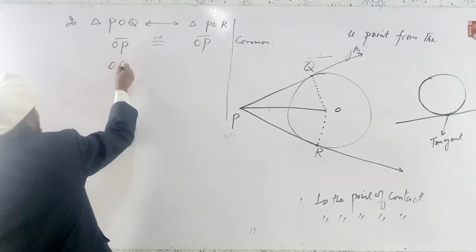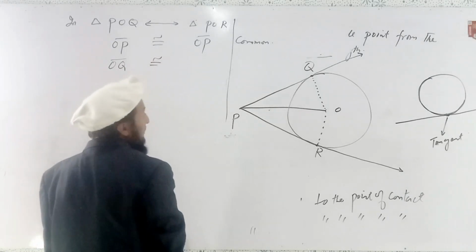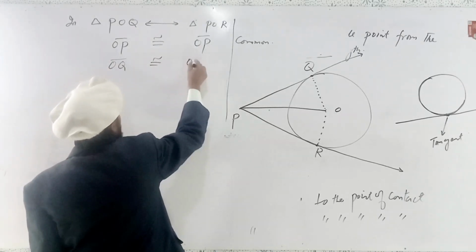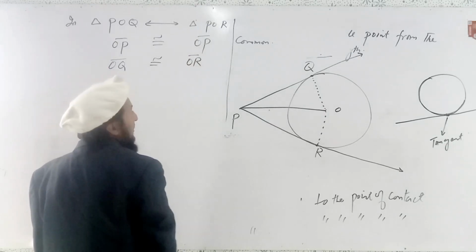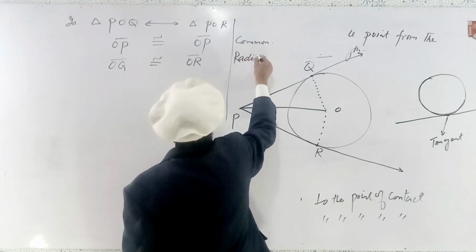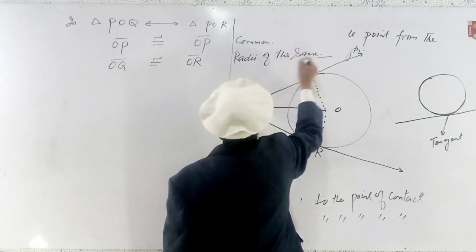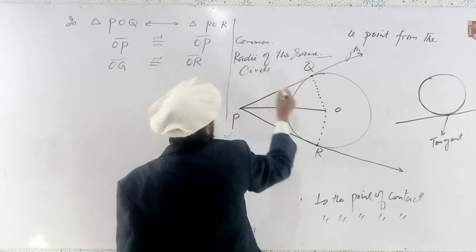OQ is congruent to OR, radial segments, radii of the same circle.